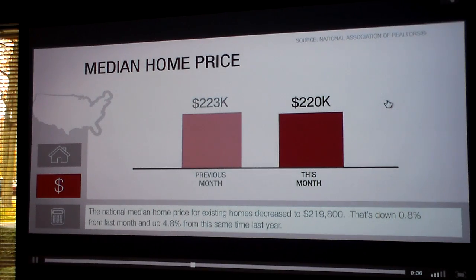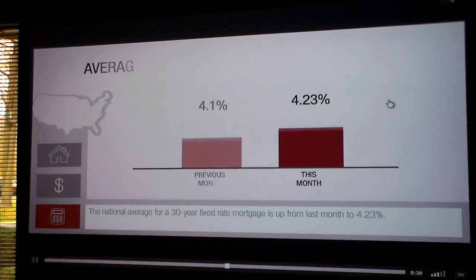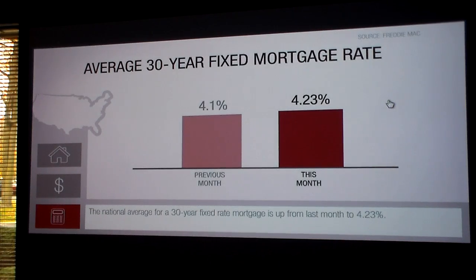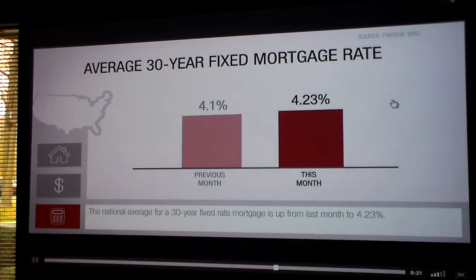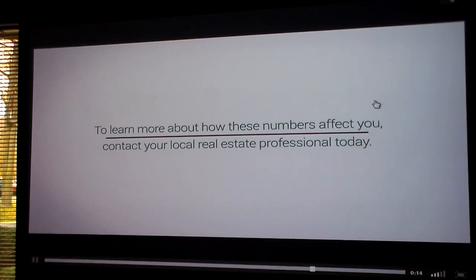That's down 0.8% from last month and up 4.8% from this same time last year. Finally, according to Freddie Mac, the national average for a 30-year fixed-rate mortgage is up from last month to 4.23%. To learn more about how these numbers affect you, contact your local real estate professional today.